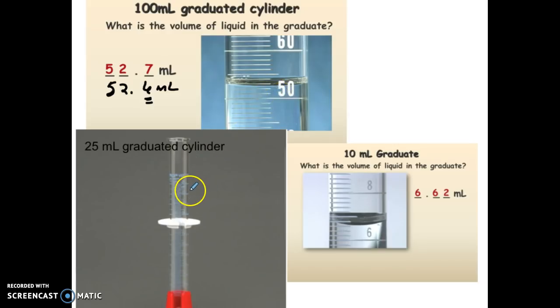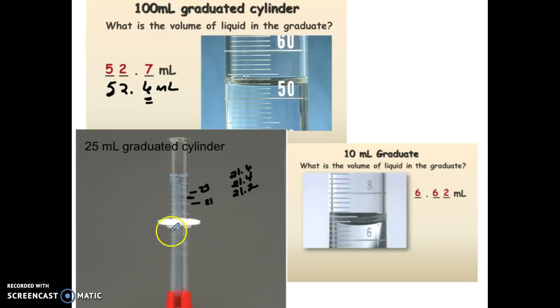The 25 mL graduated cylinder is a little strange, because this is exactly the same kind we have in our lab. This would be the 21 milliliter marking, and this would be the 23, and then there is a marking here that would represent 22. So they go up by 0.2s: 21.2, 21.4, 21.6.